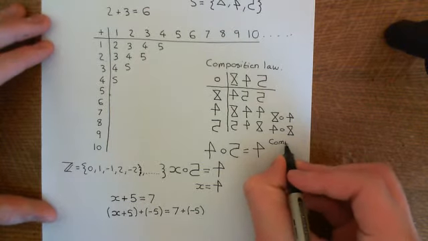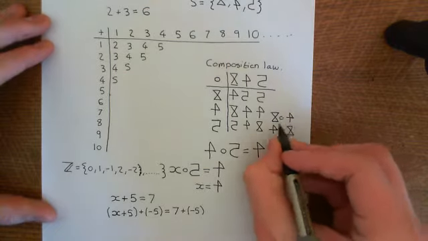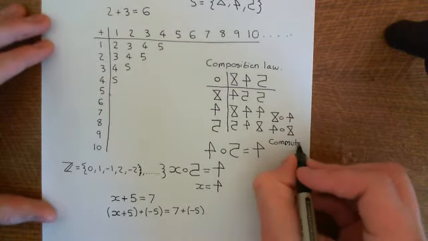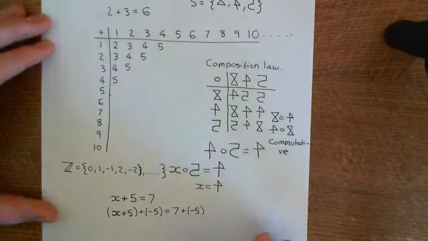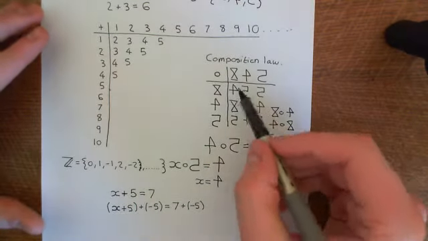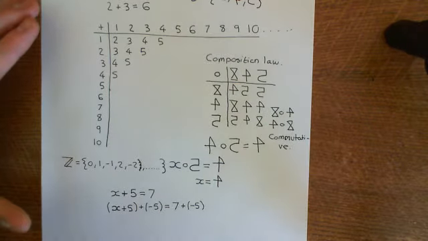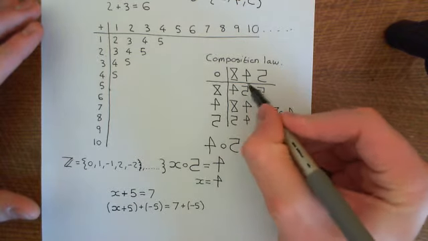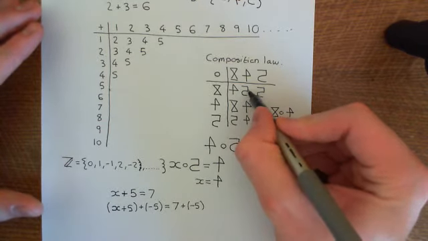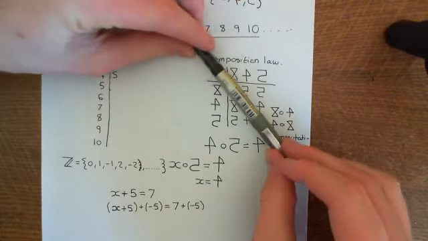Okay, so the name for a composition law that is symmetric in this way is to call it commutative. Okay, let me just put this here, commutative. So if this composition law was commutative, then it would basically be symmetric along this diagonal. So anything here would have the same thing when you take the mirror image in this diagonal.